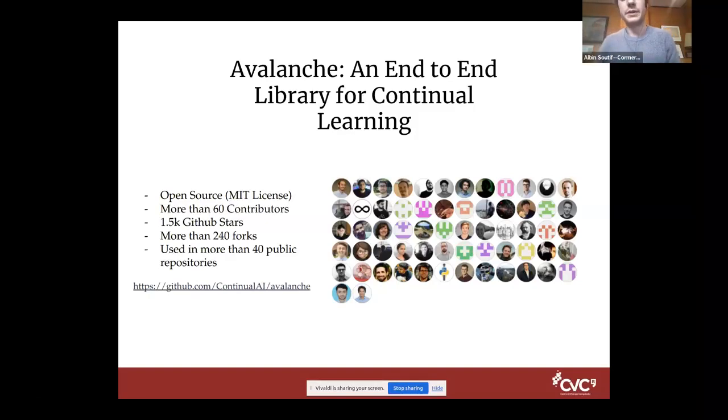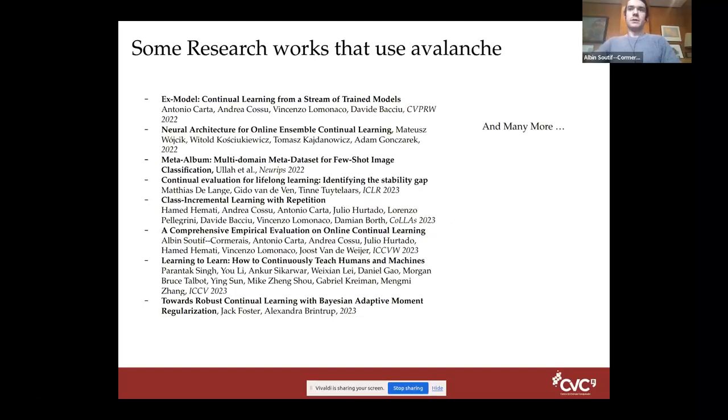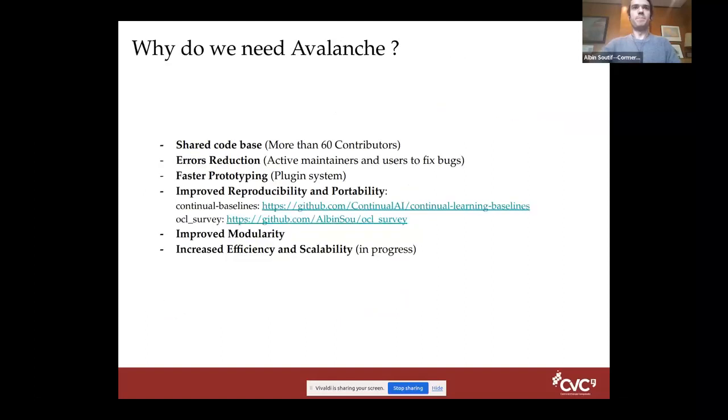We see that it's getting used more and more in research projects, and this is really good news. Here is a list of research works that use Avalanche. I think more and more research work will be using the library, but this is just a quick list of works that have already been using it successfully. Let's hope that this continues this way.